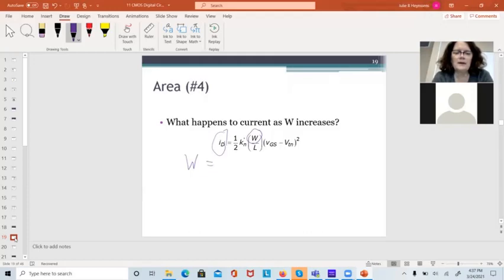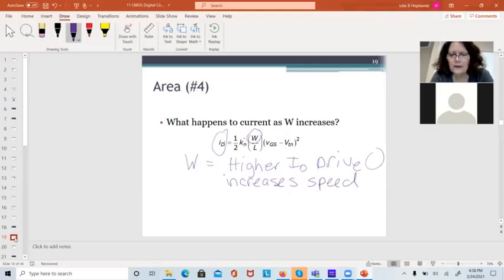It gives me higher current drive capability, which may be something that you need. If you want to drive 10 different buffers off of this single device, then maybe I need a bigger W in order to drive it, or I have to drive a lot of capacitance. It increases the speed.